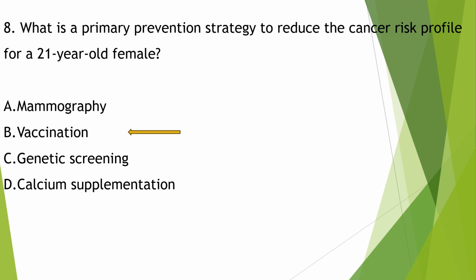So vaccination is what is given to a 21-year-old female as primary prevention. Mammography is a secondary prevention strategy for early identification. Genetic screening will reveal non-modifiable risk factors that may or may not be prevented by primary prevention. And there is no evidence that calcium supplementation is needed to reduce the risk of cancer.